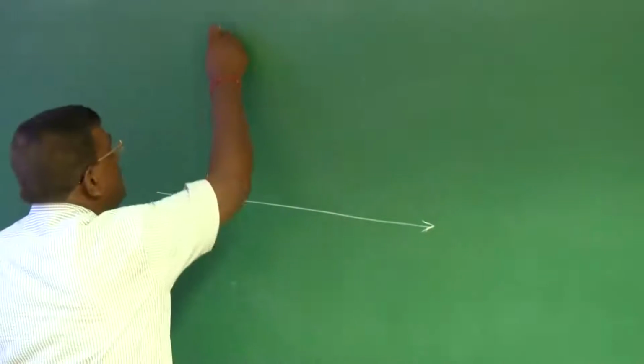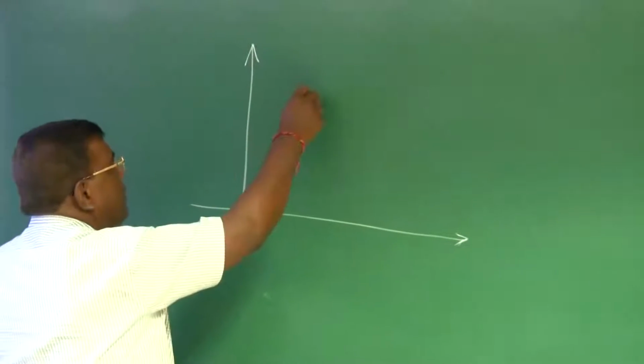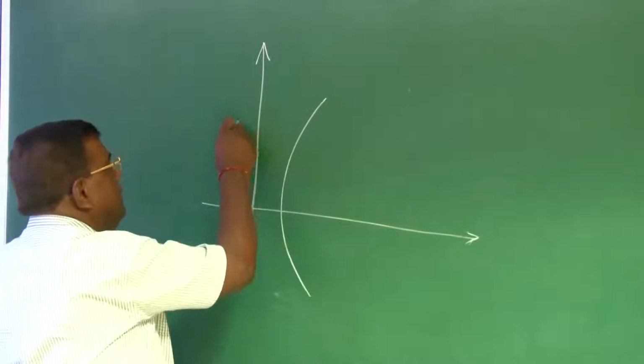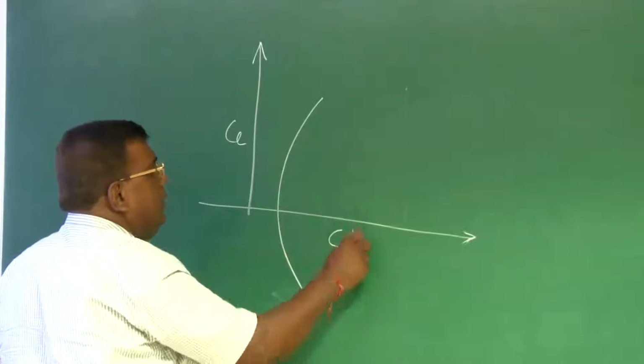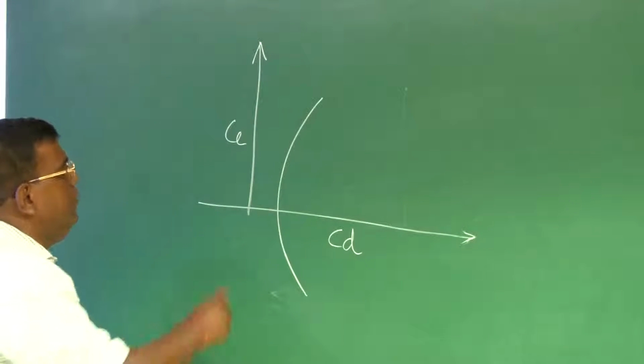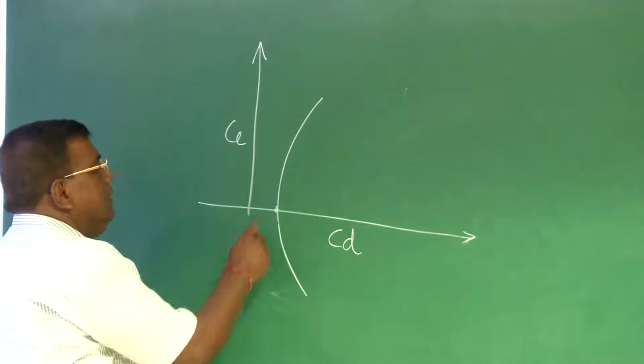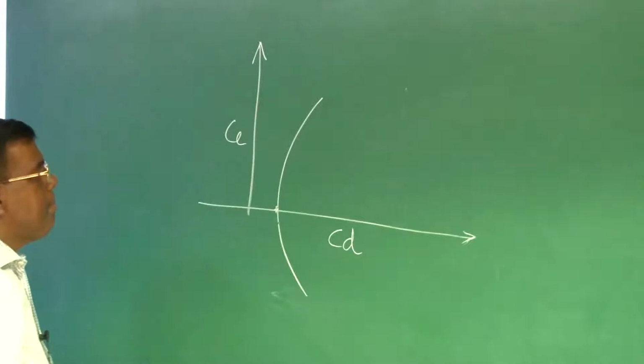explain to you. If you recall, most of the drag polar, CL and CD of an aerofoil, takes this sort of a shape, and we say this is the minimum CD.